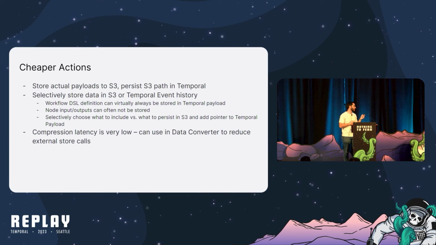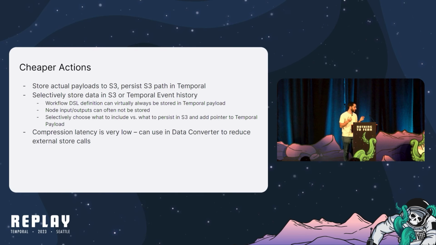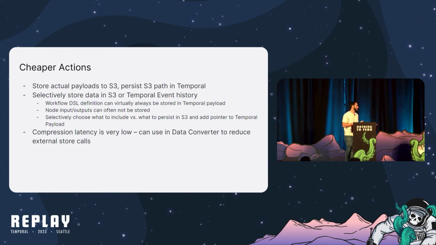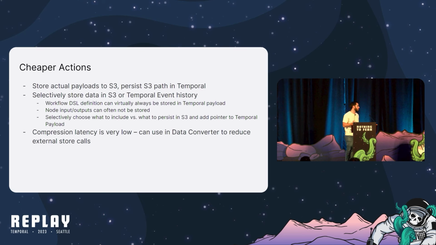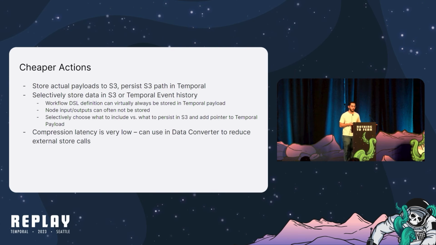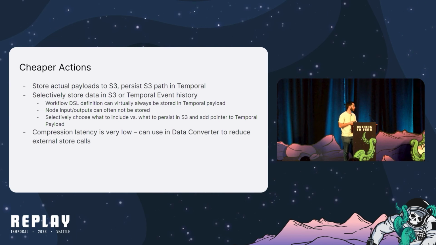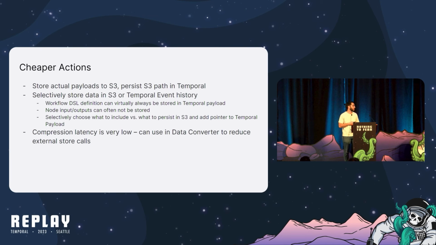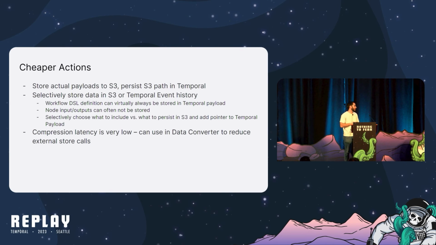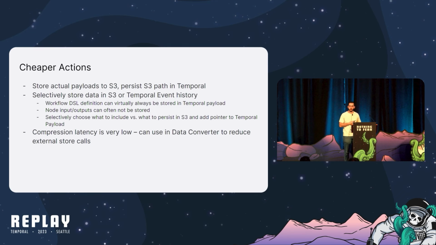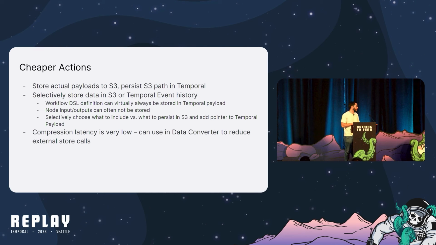Particularly, we also started using our data converters. We were already using them for encryption to make sure that no customer data ended up in Temporal. But we also added some very fast LZ4 compression. This really just took on the order of milliseconds to run, and it sometimes decreased our actual payload size by close to an order of magnitude.